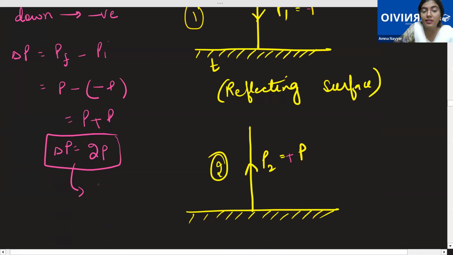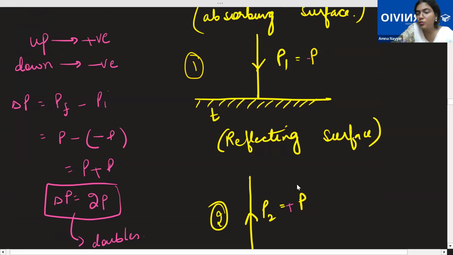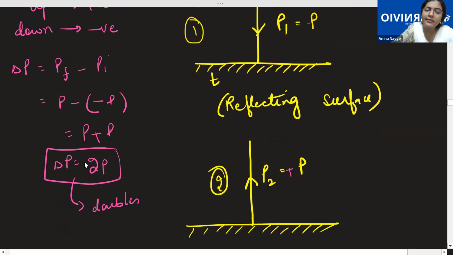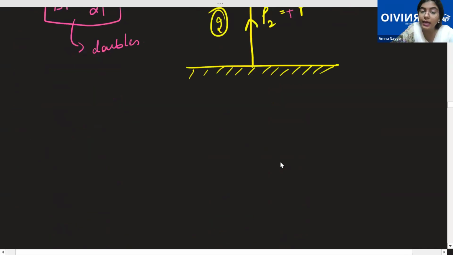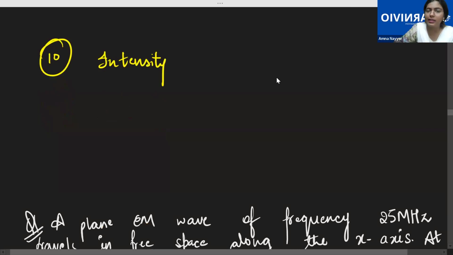Actually, it doubles. So that's the real answer, it doubles. Even if you change the sign convention, it will be minus 2p. That shows the direction. If I'm getting positive, it means the resultant is upwards. If I change the direction, I'll get this as negative, it will still be upwards. Your answer will be right. But remember, the momentum will be double of it. It's like the concept of relative velocity, which you've done in 11th class.